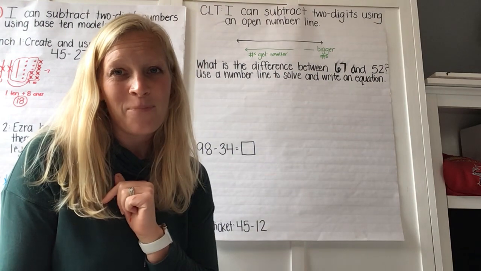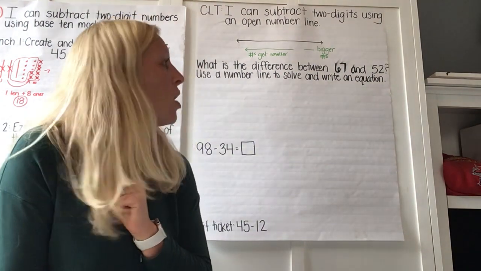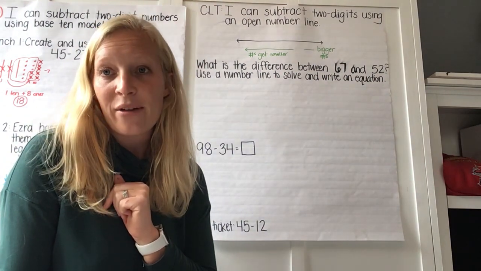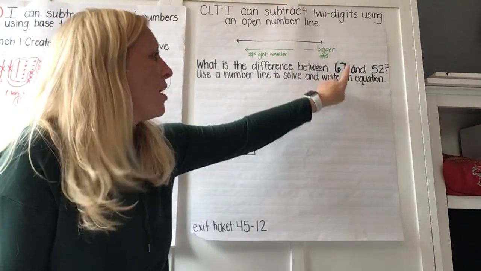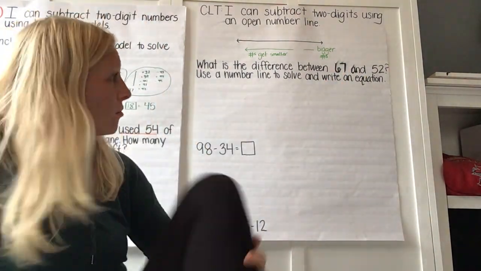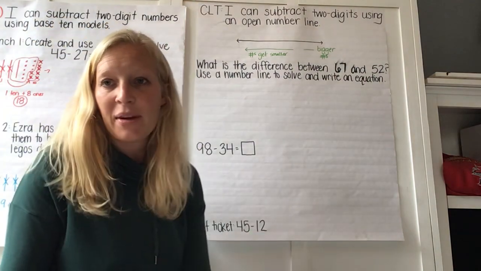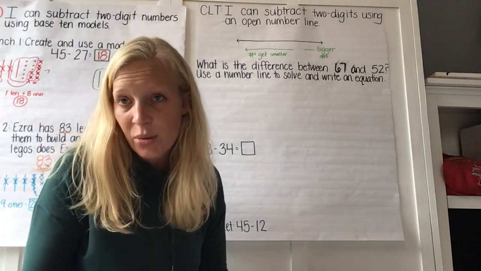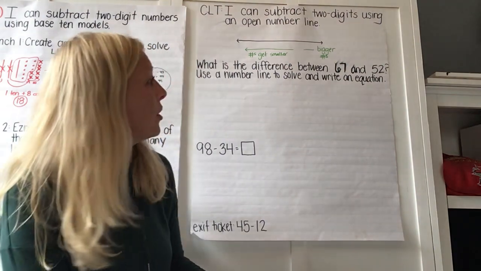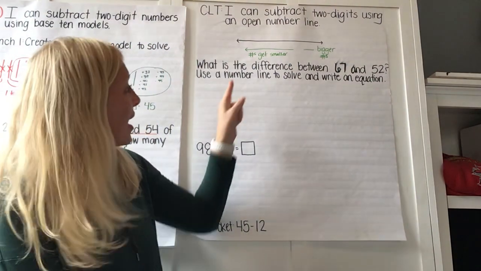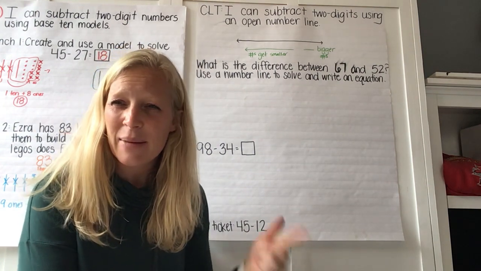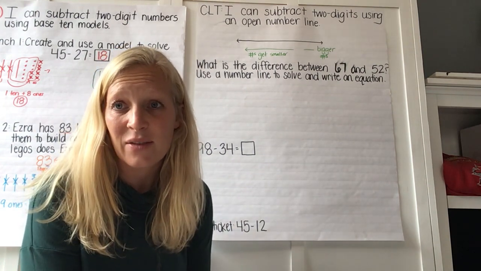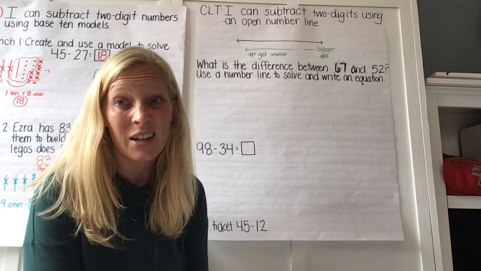Now remember, when we're thinking about those two-digit numbers, what digits do we have? We have a tens digit and we have a ones digit. As we take a peek at those, we want to be keeping in mind how much our tens are worth and how much our ones are worth. Our first problem is asking us about the difference. I went back and thought about finding the difference in lots of other problems that we've been doing in second grade.